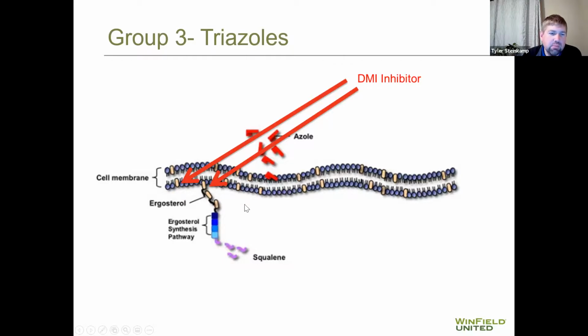Okay, and a sterol basically is part of the cell membrane, and so we end up dissolving that membrane away. Okay, now the key with triazoles, again, it's a reach back effect. It will kill a fungus that is already developed within the plant, and it's because it does attack these cell membranes here.